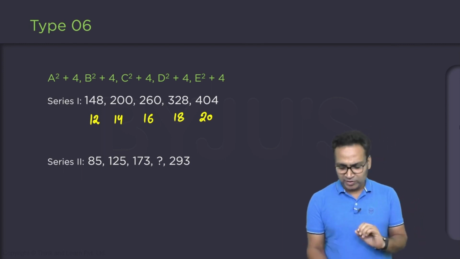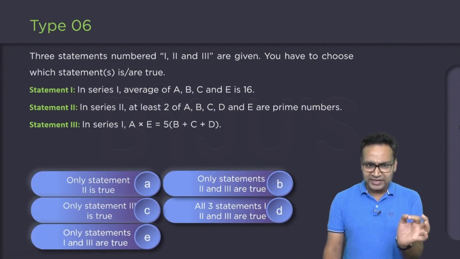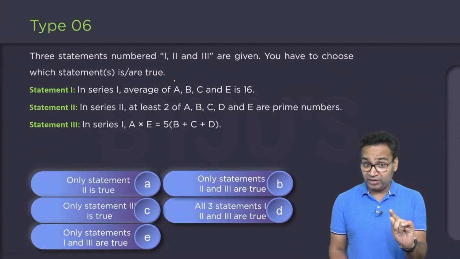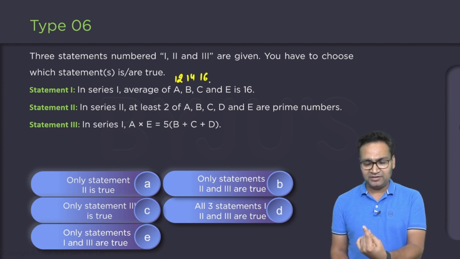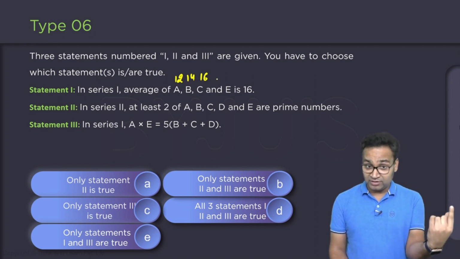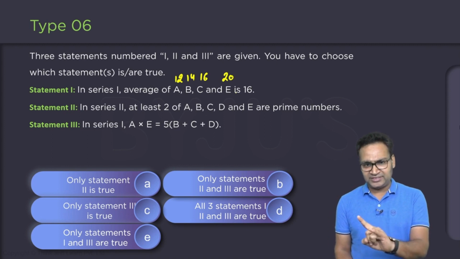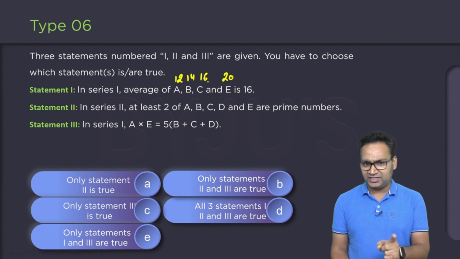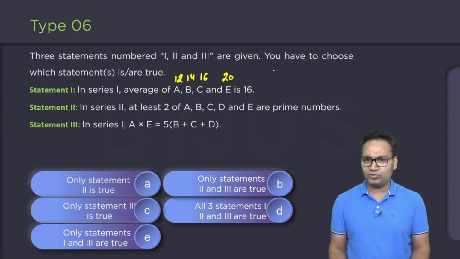Right? So let's look at statement 1. It says in series 1, the average of A, B, C and E. You remember A was 12, B was 14, C was 16, D was 18, so E is 20. The average of A, B, C, E: 14 and 16 is 30, 12 and 20 is 32, 30 and 32 is 62.